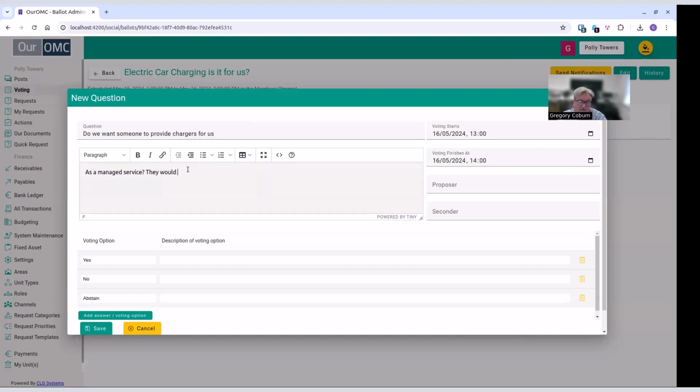They would effectively run everything, but would be free to charge a premium for that, and only able to charge in the visitor spots. That's one of the solutions that's out there. And we might want people to vote yes or no on that.